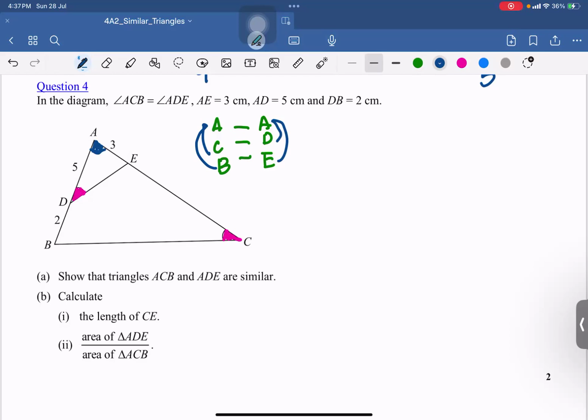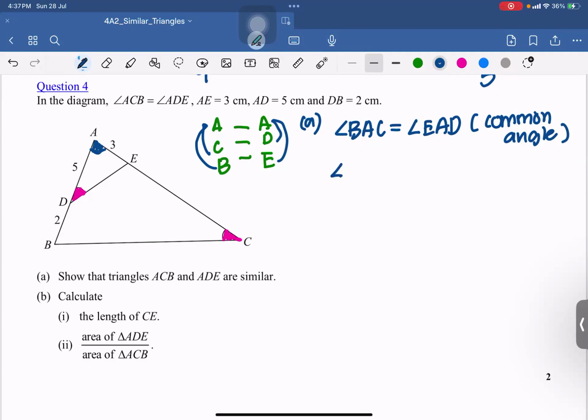So since the question asked me to show that they are similar, I need to show two corresponding angles are equal. So I should write down my first angle, angle BAC equals angle EAD. The reason is because it's the common angle. Right, it overlaps, so they are the same angle. And then we have given to us already angle ACB is equal to angle ADE.